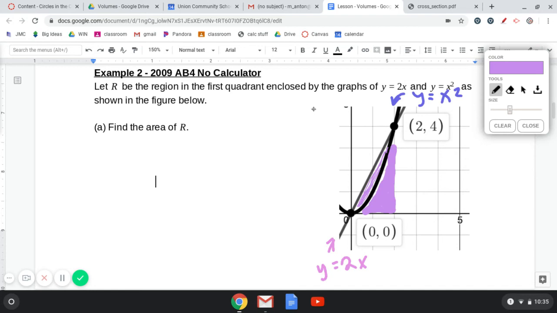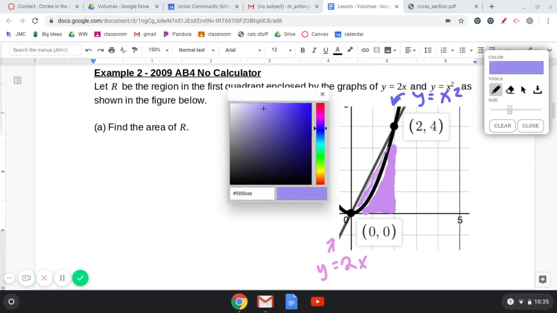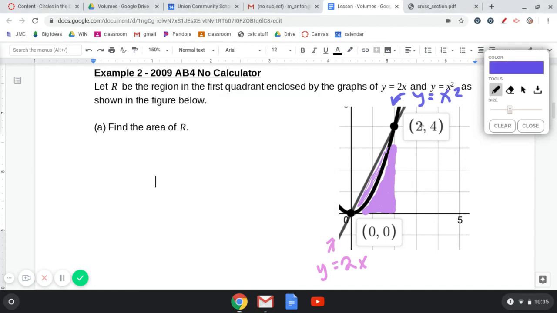But take a look at this. The area under this y equals x squared curve is all of this area, which is the part of our pink integral that we don't want to be part of our solution. So if we take the integral of 2x from 0 to 2 and subtract this purple area, which is the integral of x squared from 0 to 2, then that'll get us the area of our region here.